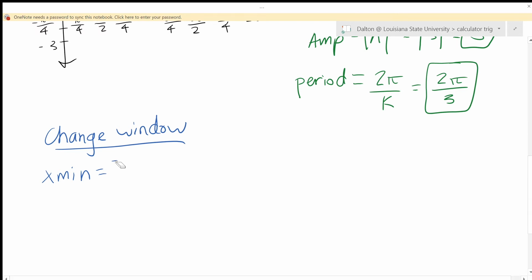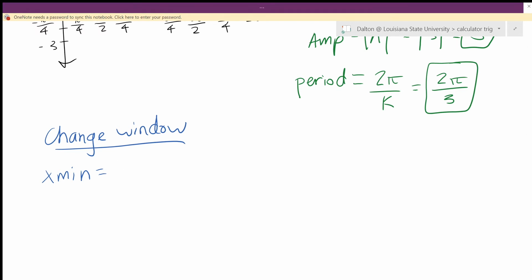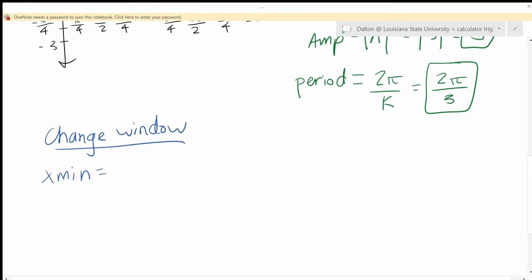And guys, this is what I would write in your notebook in case you forget how to change these things. In your actual calculator, when you put negative pi over 4, make sure you use the pi button. Don't use 3.14. And you'll notice when you scroll away from it, it's going to change it to a decimal. That's okay. Your calculator is always going to default back to the approximation.